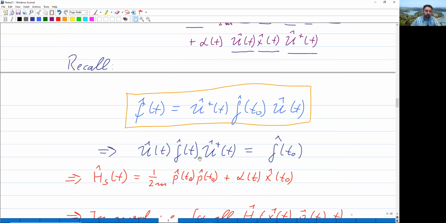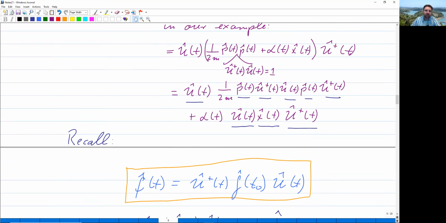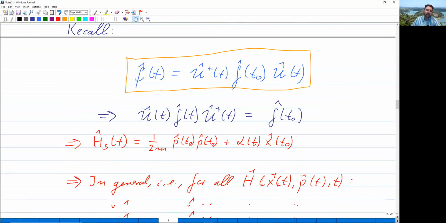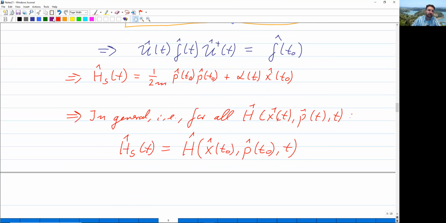And we showed this using the trick that whenever we had the product of two observables, we inserted the resolution of the identity in a sense by writing the identity operator as u hat dagger u hat. And if there had been the fifth power of p hat, we could have pulled the same trick, just inserting more resolutions of the identity. And in the same way, it works for all polynomial Hamiltonians. Therefore, we have this statement here.